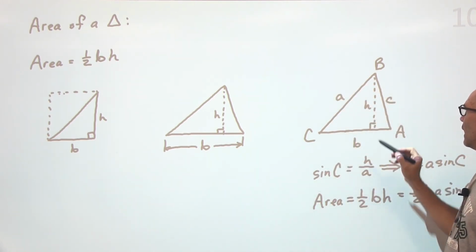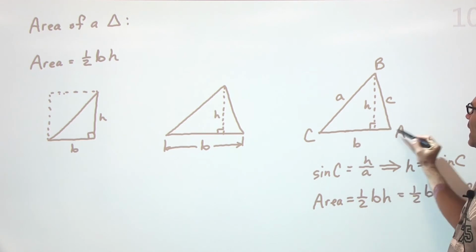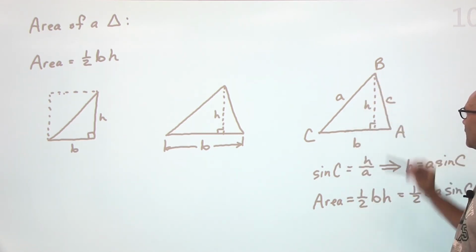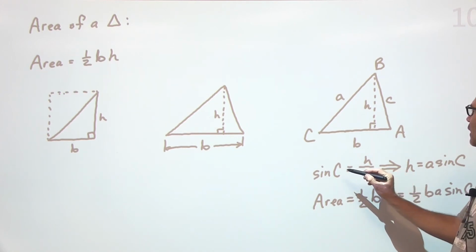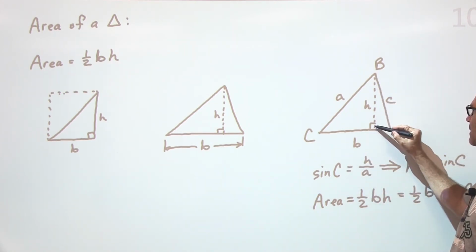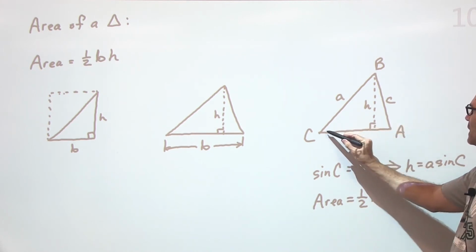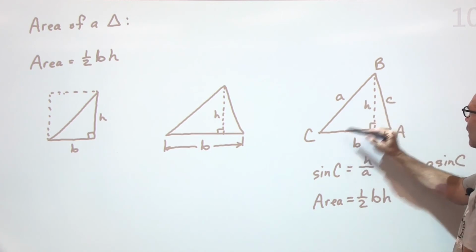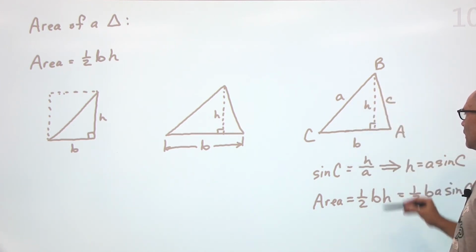Now, let's look at triangle ABC with sides A, B, and C, and say H, the height, is this segment right here. So sine of C equals H over A, opposite over hypotenuse.